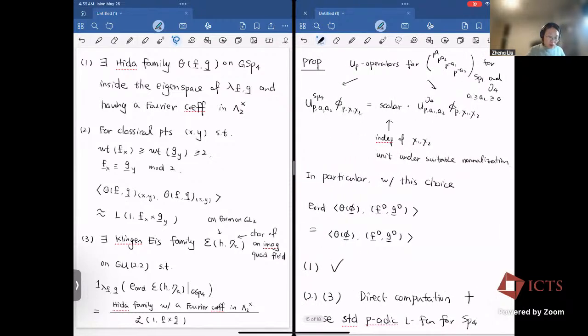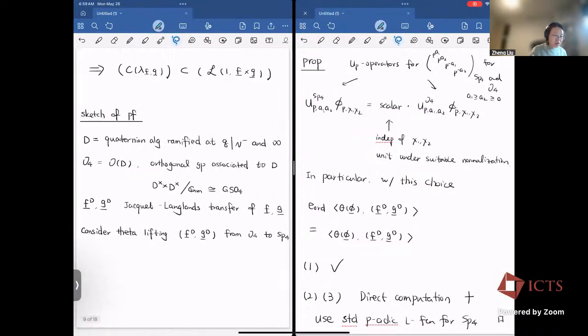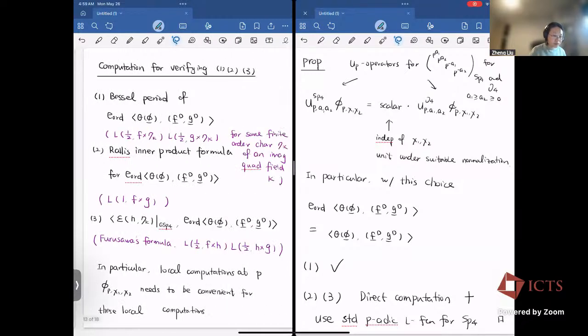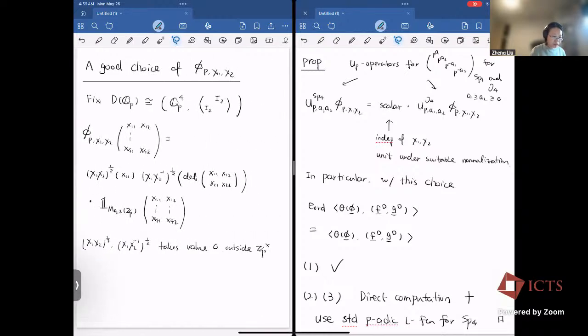Okay, so this will be kind of a pretty rough sketch of the proof. I mainly talked about the choice of a nice Schwartz function, which has the equivariance under the UP operators. And maybe I will finally make one more remark about this choice of Schwartz function at p for doing this kind of theta correspondence or theta lift.